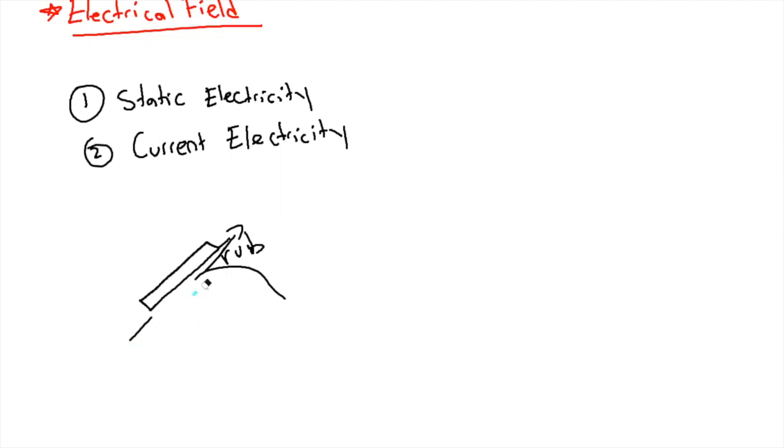Let's say I have rubbed it on my hair, and now suddenly, if you have small pieces of paper, you're going to notice that this scale attracts these pieces of paper. And that's not something that you can just take for granted. It doesn't happen just because it happens. It happens because it's a phenomenon. It is called static electricity.